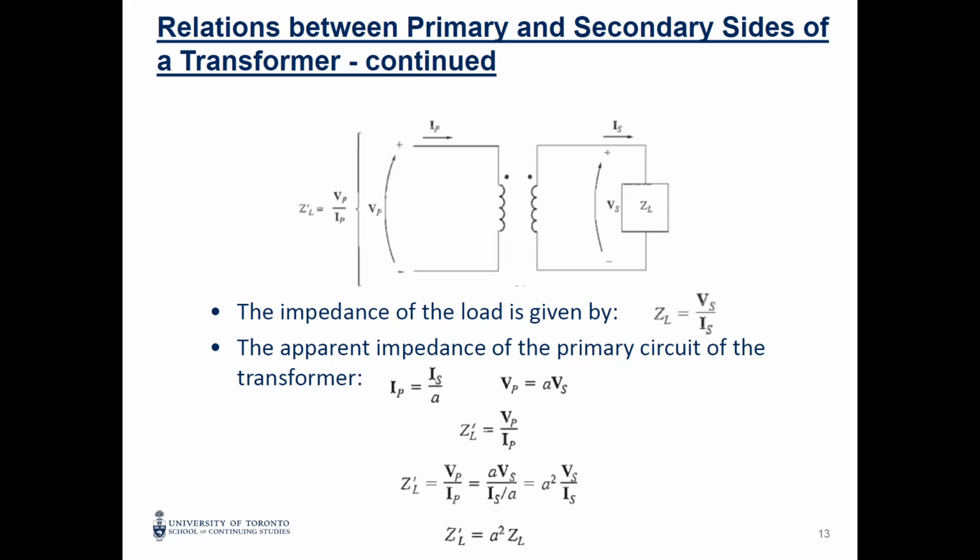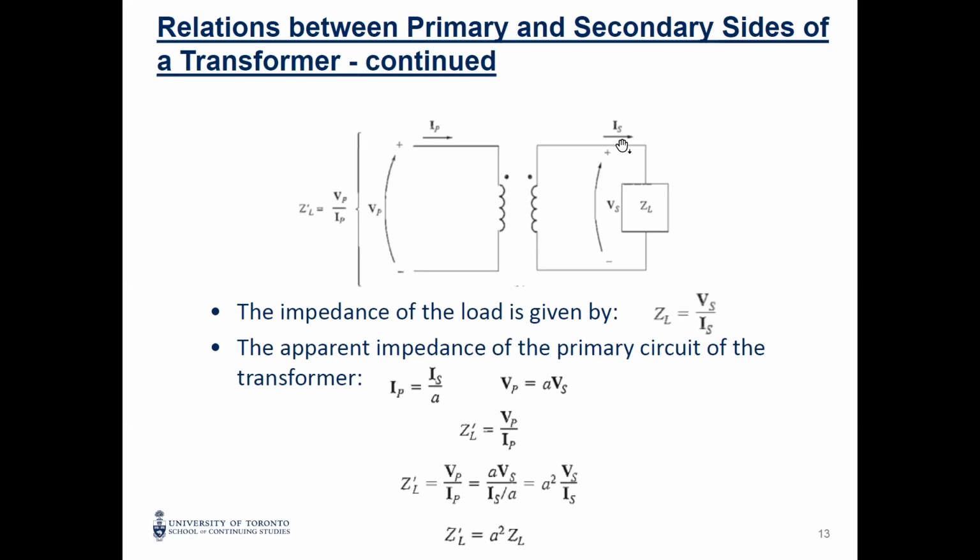So let's assume that we have our transformer here, primary and secondary. And let's say we put on the secondary a load called the impedance ZL. You have the voltage across the impedance, VS, the secondary voltage, and the secondary current, IS.